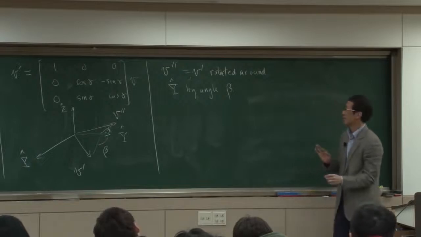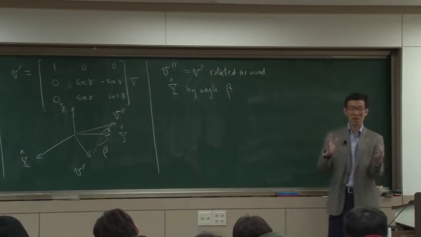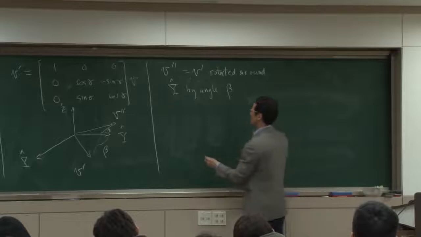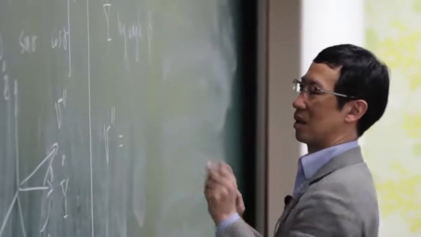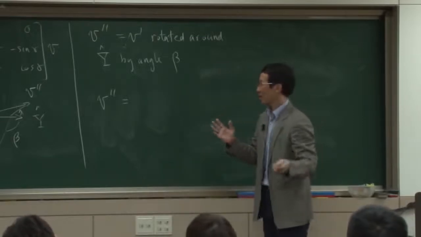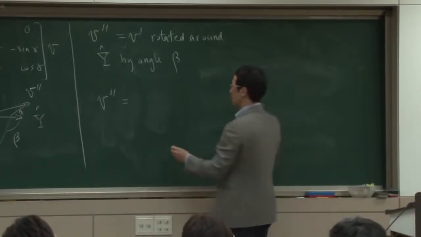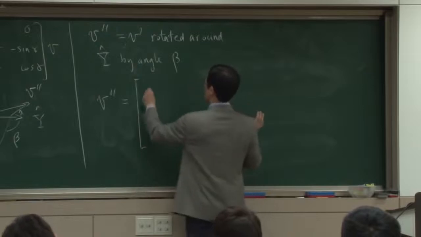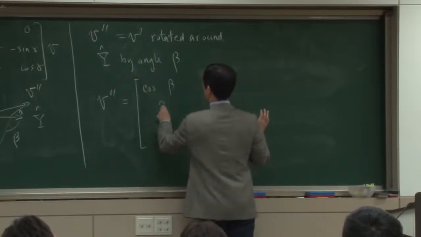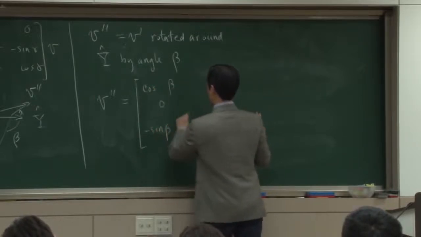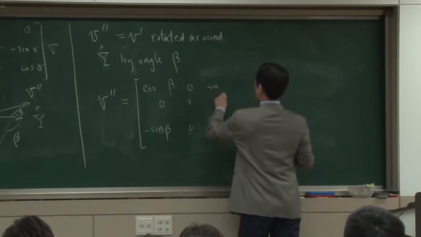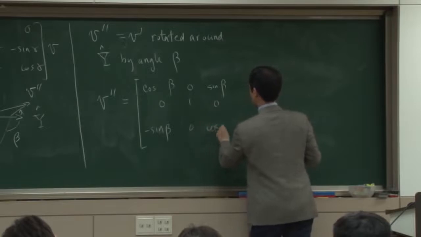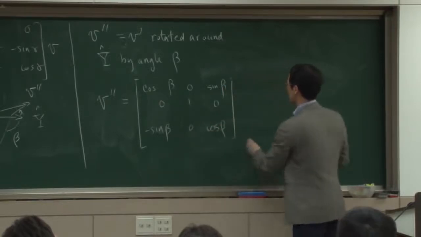Here you have to, again, trust me, take my word for it, and convince yourself either now or maybe a little bit later. V double prime is going to be the matrix with sine beta, 0, times v prime.